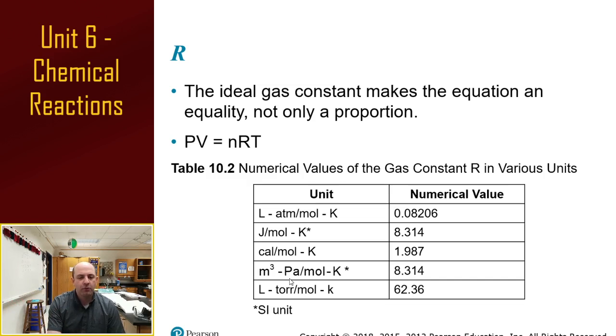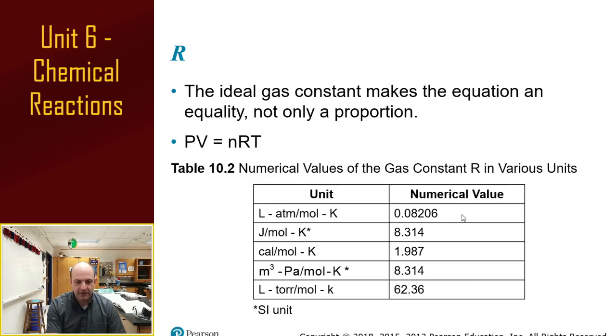Something around there. Well, actually, let me think about that. No, sorry, it's about 1,000 liters. Anyway, the upshot is when you convert those, you end up multiplying by 101.325. So it gets you from 0.08206 to 8.314. What you need to remember is these numbers are equal, just in different units.